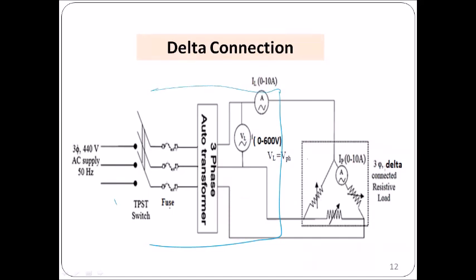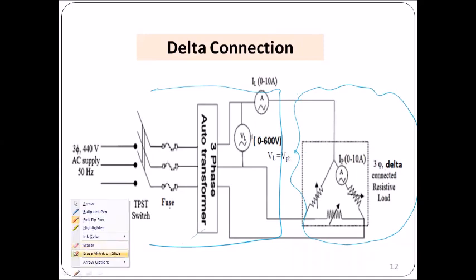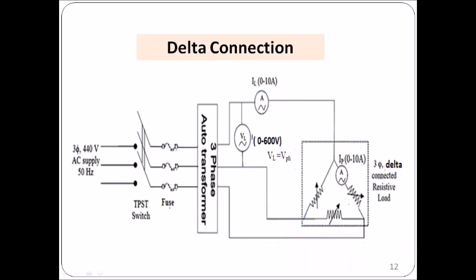The change will be only with respect to the way we have connected the load. And I have explained you the way delta connection is done, that is, end-to-end connection.